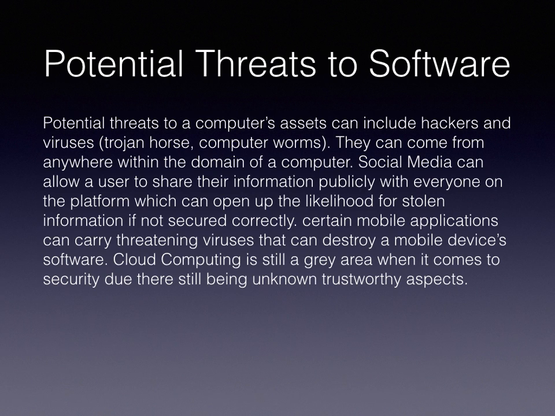So a few more examples of where threats and unleaked, privatized information can come from: social media. Social media allows a user to share their information publicly with everyone on that platform.